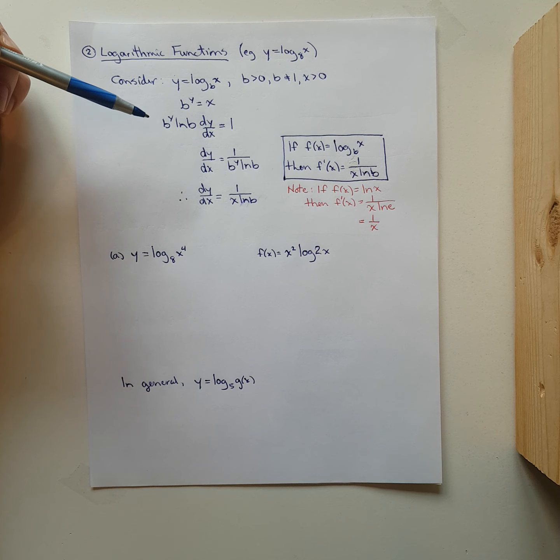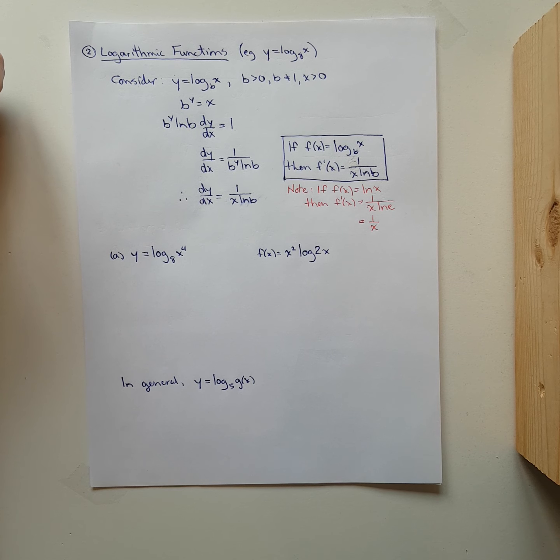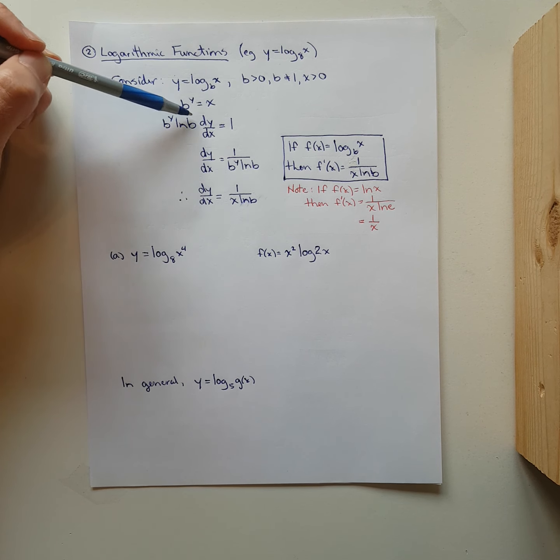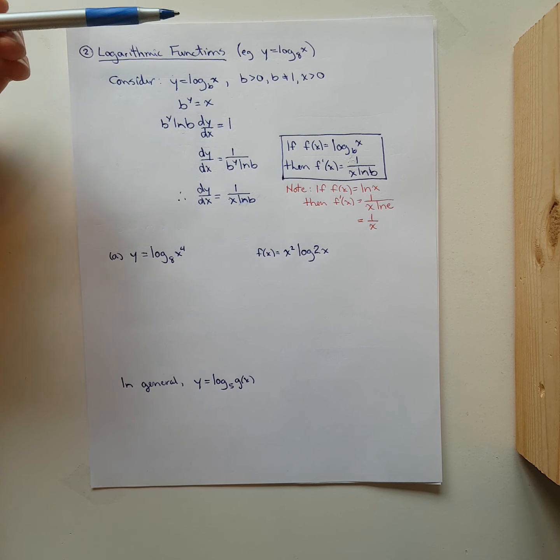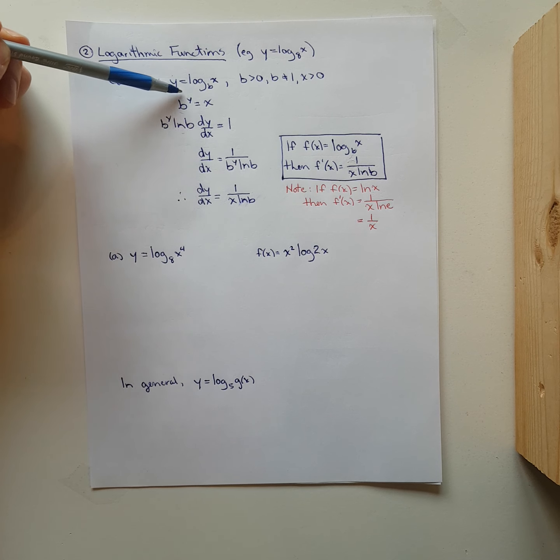Again, that's our chain rule idea. On the right-hand side, the derivative of x is just 1. If I rearrange, we have dy by dx is 1 divided by this stuff, by ln b. And then at the end, we make a quick substitution, that b to the exponent y is equal to x.